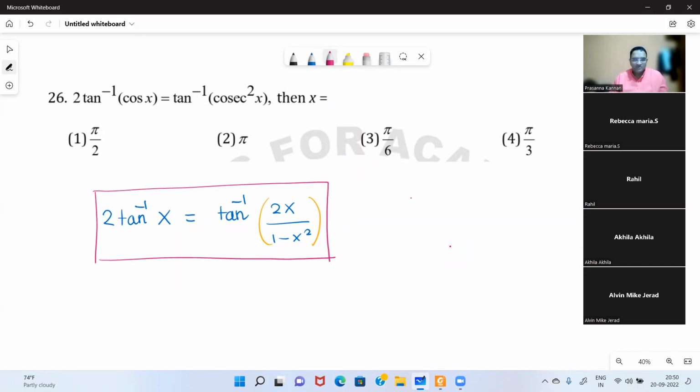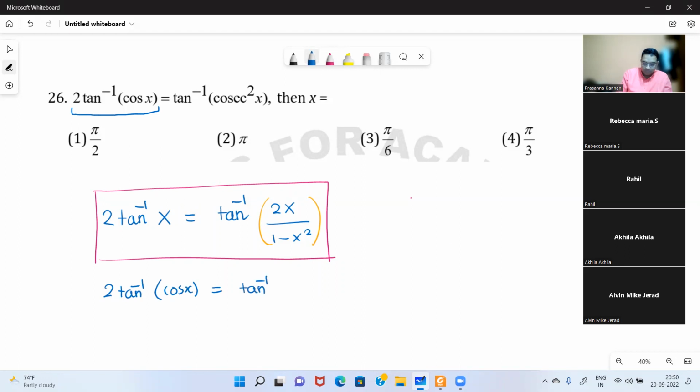So here we are going to use this formula. 2 tan inverse of x can be written as tan inverse of 2x by 1 minus x square. This also you must have the expression ready. Now how are we going to use it? Look at the left hand side of the equation. From this, what will be 2 tan inverse of cos x?